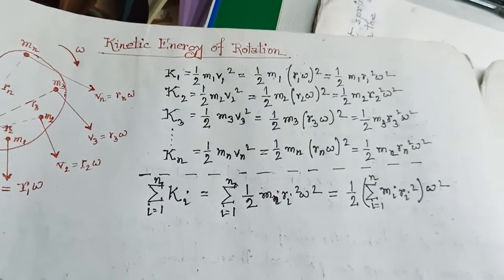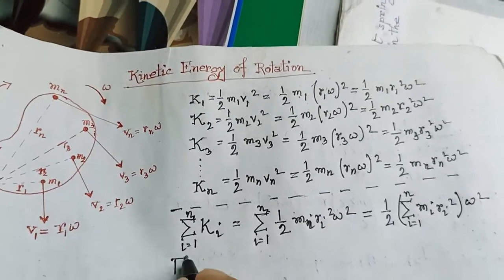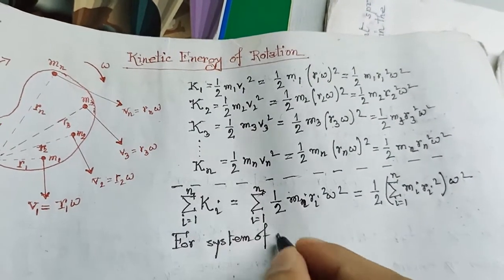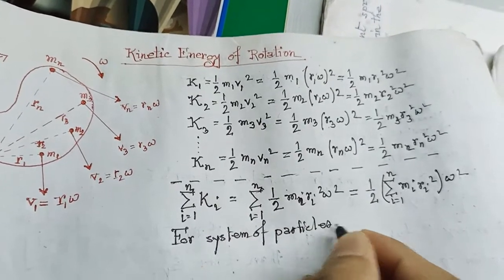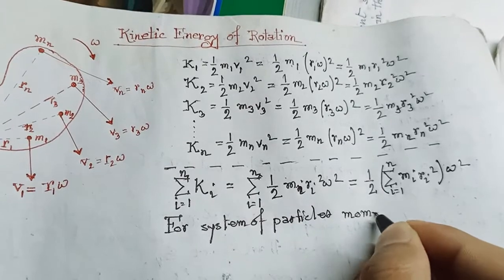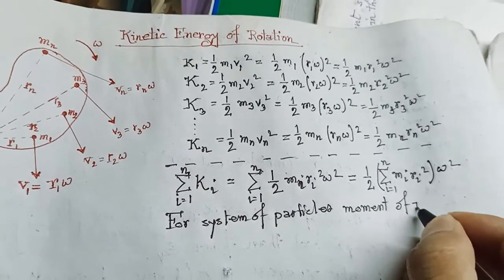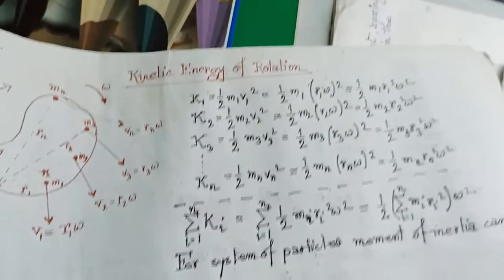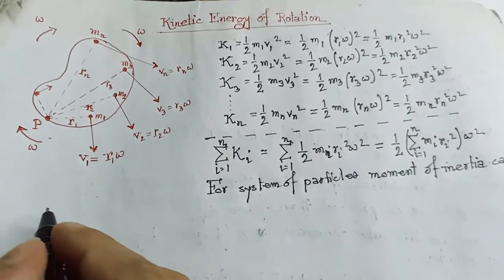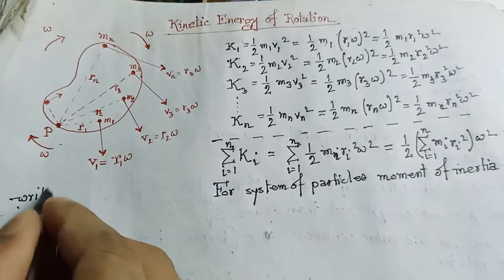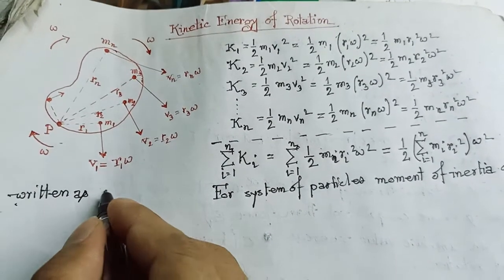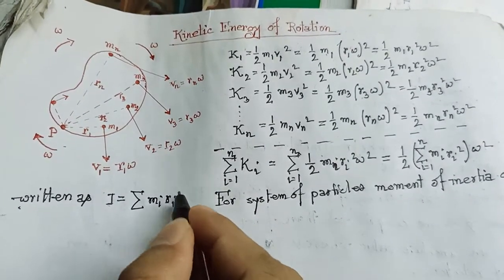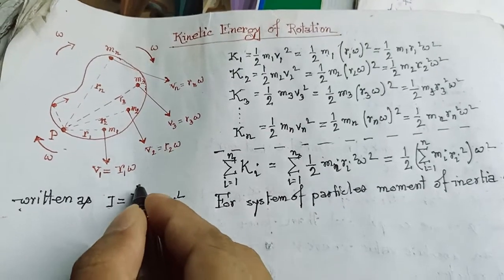So for the system of particles, the moment of inertia can be written as I equal to summation of mi ri square, where i ranges from 1 to n.